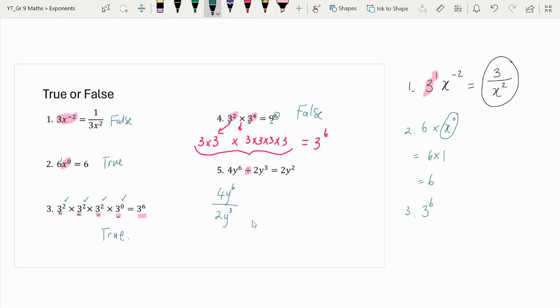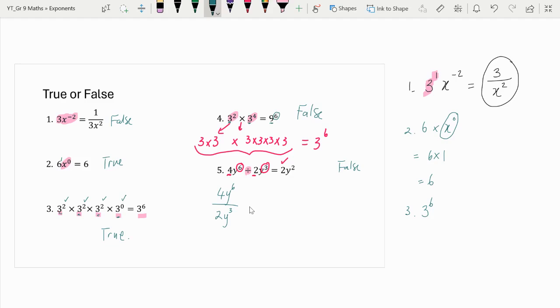I am going to say false. If you said true, I think what you might have done, and let me know if you did something different, is 4 divided by 2, which is 2, and then maybe you would have said 6 divided by 3, which is equal to 2. But what does the law of exponents say?